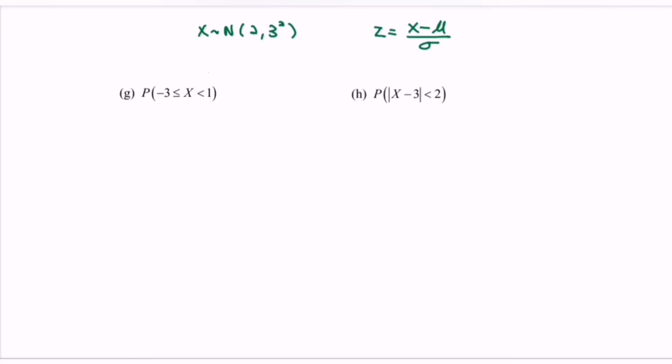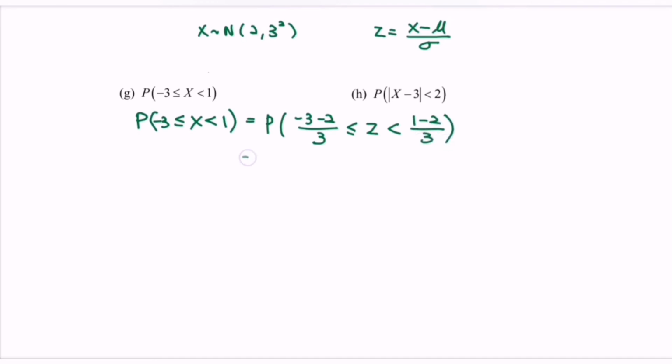Kindly refer to G, where we have the probability that x is greater than or equal to -3 and less than 1. Do remember, this is a normal distribution, so the sign is not important. Step number 1 is to standardize the situation. So we have the probability that (-3 minus 2) over 3 is less than z after we standardize, less than (1 minus 2) over 3.